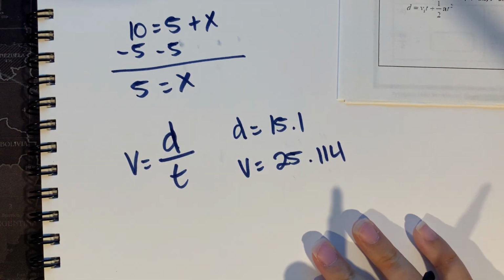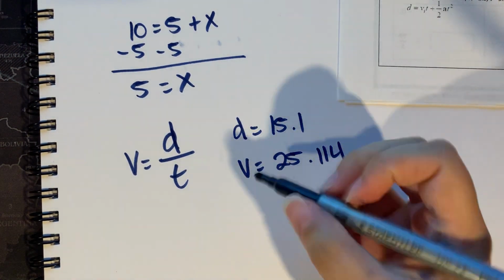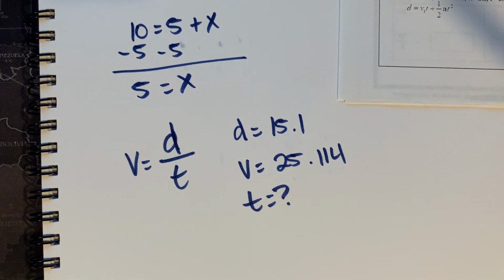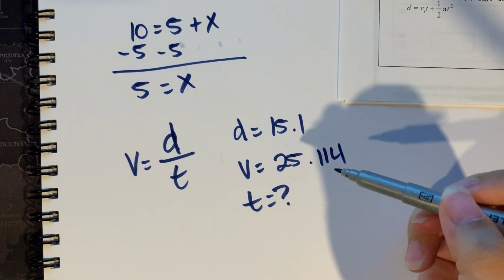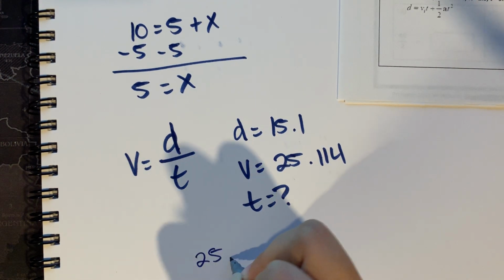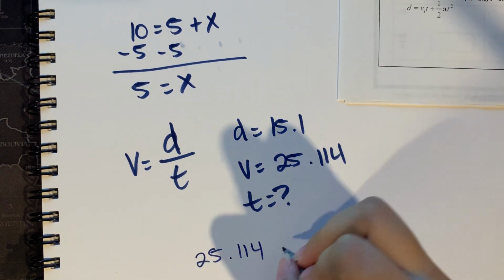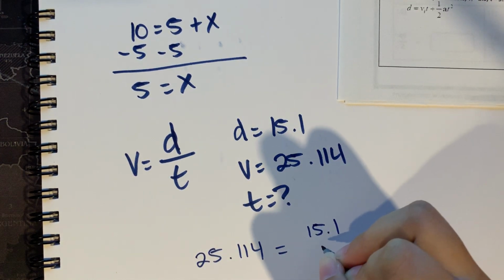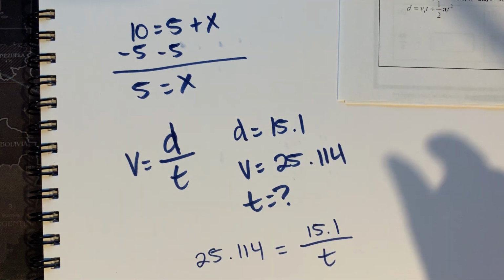So that means I'm looking for t. So let's plug these into our equation. We have 25.114 is equal to 15.1 divided by t.